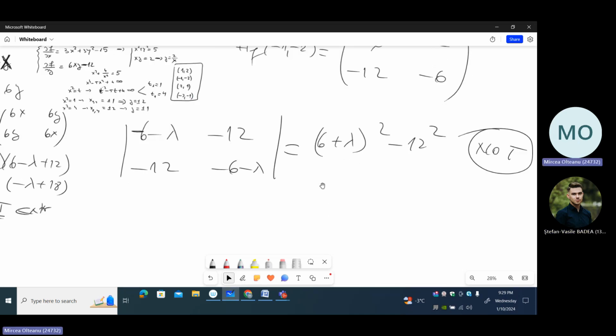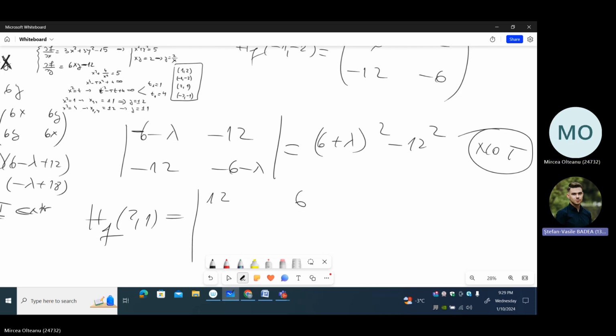Let's see the third one. The Hessian matrix at 2, 1 is 12, 6, 6, 12.